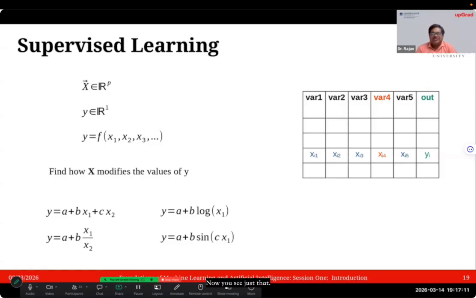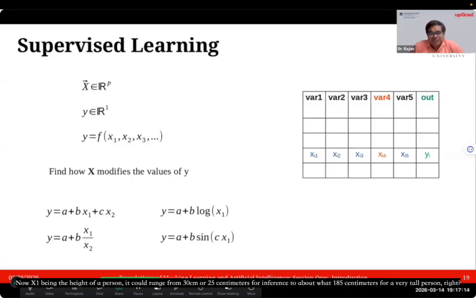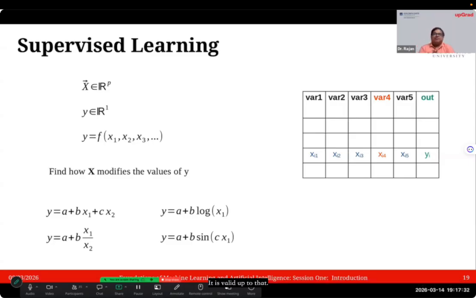Now, x1 being the height of a person, it could range from 25 or 30 centimeters for infants to about 185 centimeters for a very tall person, right? It's valid up to that.